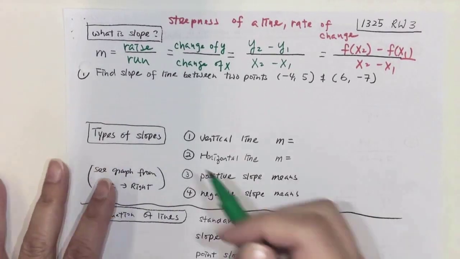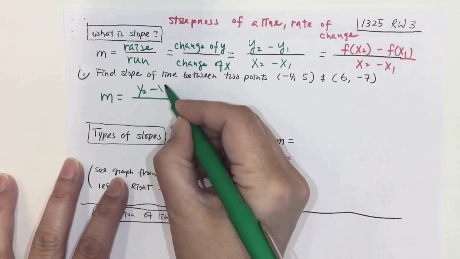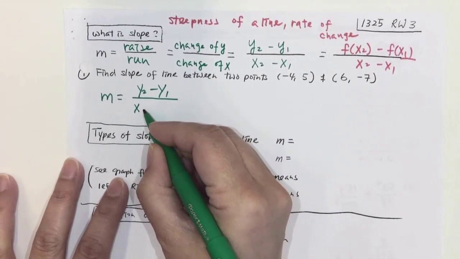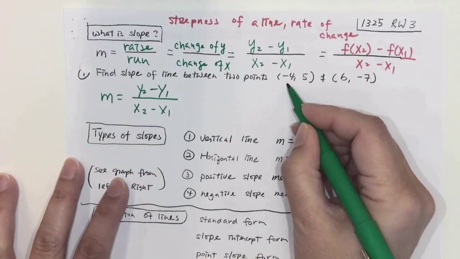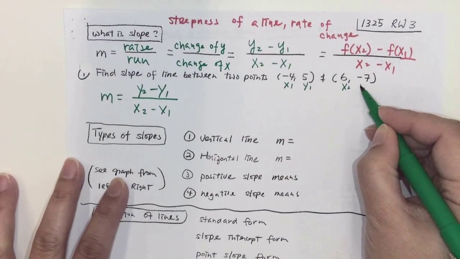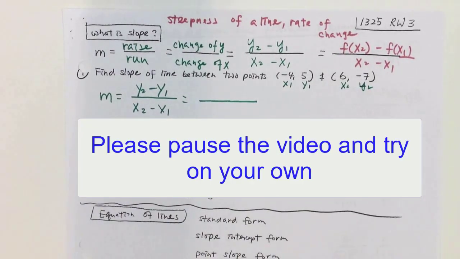So I want you to use this formula, using those 2 points, plug into the formula, and find me the slope first. So this is your x1, y1, x2, y2. So plug it in, please. Okay. All right.